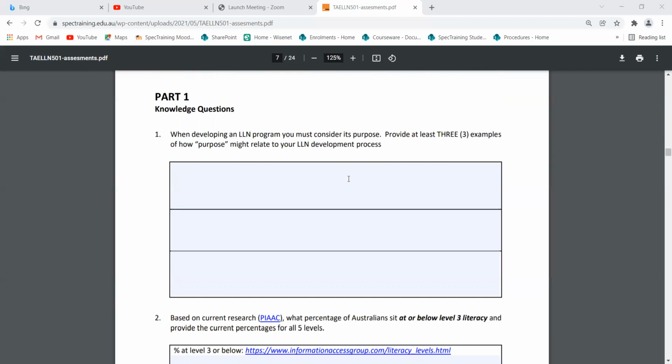If I was approaching this question, I would probably look at putting in 3 scenarios. So putting in 3 different learners that you can hypothetically think of, and then think about how purpose and objective are really important for those scenarios. Maybe it's a learner with reading challenges. What's the purpose behind supporting that learner? Just think about a little bit of a scenario around defining the purpose and the outcome for that learner.